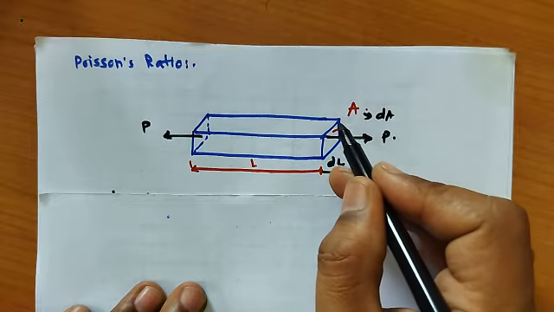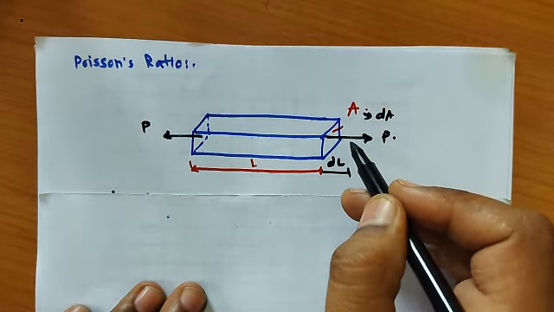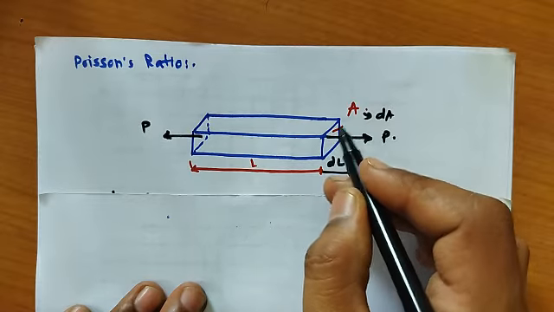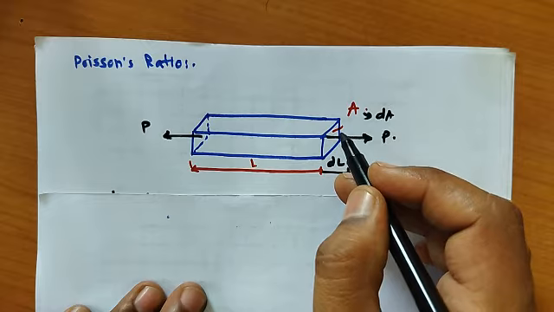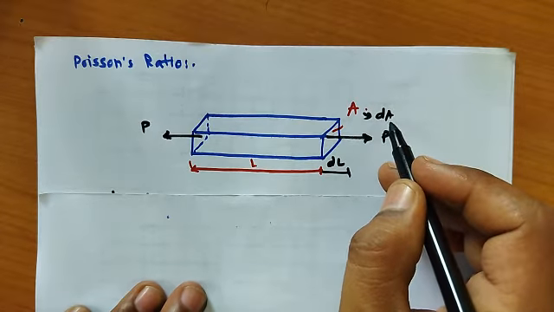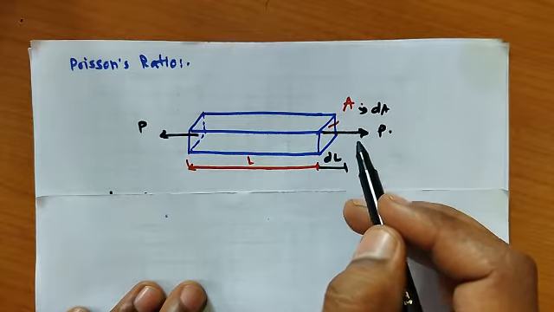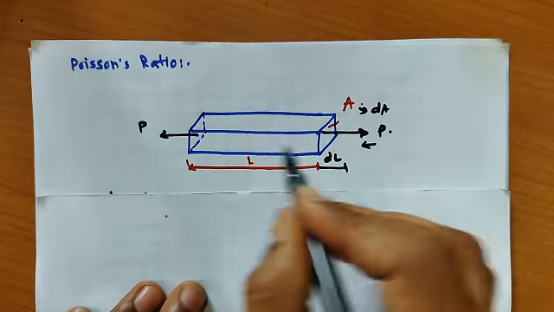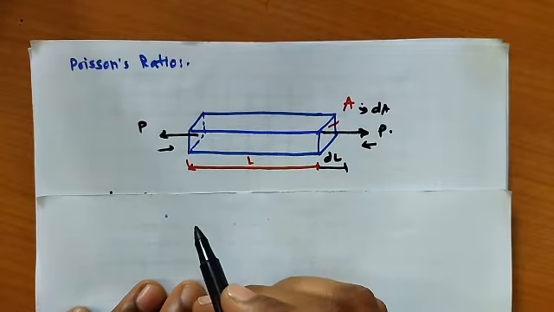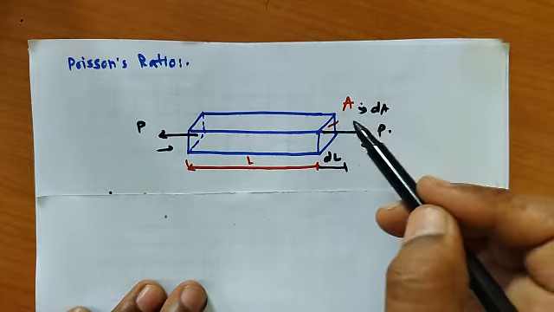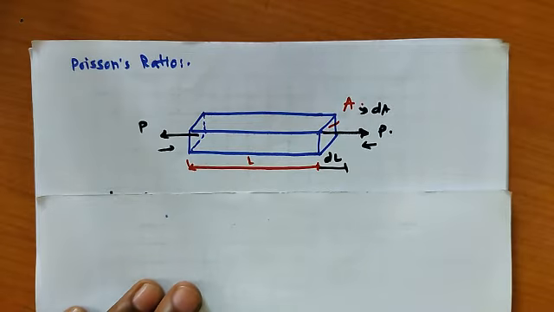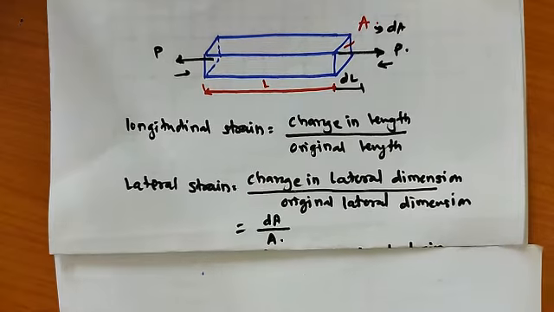Suppose you consider a circular bar, then the diameter is going to reduce when tensile force is applied, and correspondingly the area reduces. If it is a rectangular cross-sectional bar, then its breadth and width reduce, so the area also reduces. So when tensile force is applied, its length increases but cross-sectional area decreases. Suppose there is a compressive force, then the area is going to increase but the length is going to decrease.